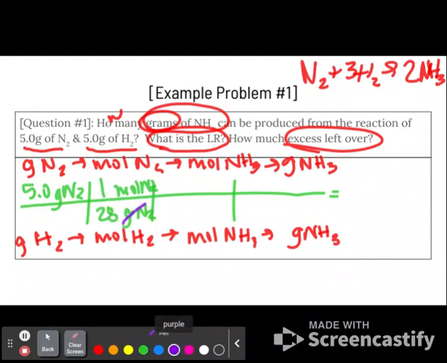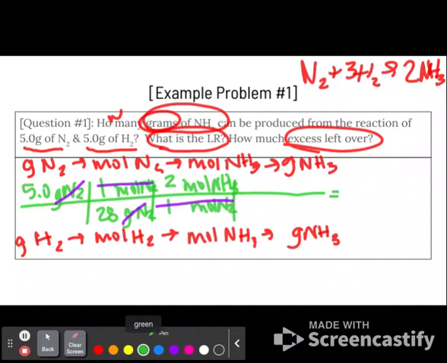We're going to cancel those units. Now we're going from moles of N2 to moles of NH3. It's mole over mole. Those values come from the balanced equation. Okay, so those are going to cancel.